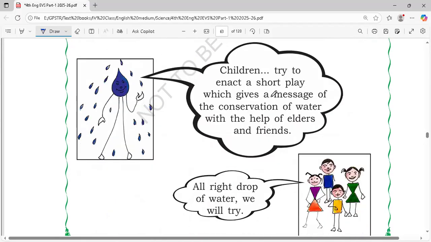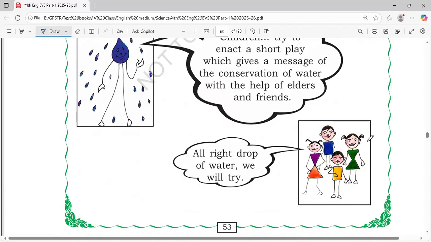Next, drop of water, thinking. Children, try to enact a short play which gives a message of the conservation of water with the help of elders and friends. Students, all right. We will try.